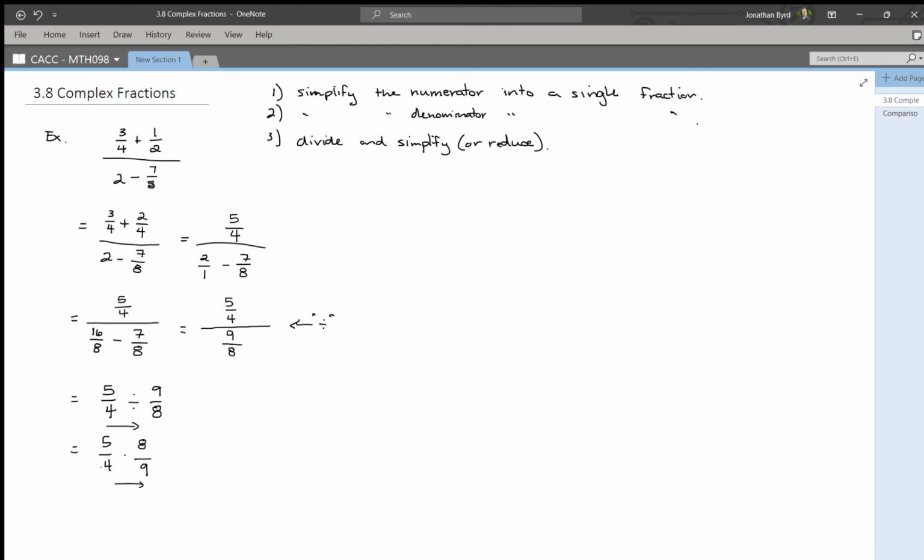So I could cancel out this 4 and say, well, that's 4 times 1, and cancel out this 8 and say, well, that's 4 times 2. So then when I do my multiplication, I get an answer. 5 times 2 is 10, and 1 times 9 is 9. So 10/9 is a simplified version of this beginning complex fraction that we started with.